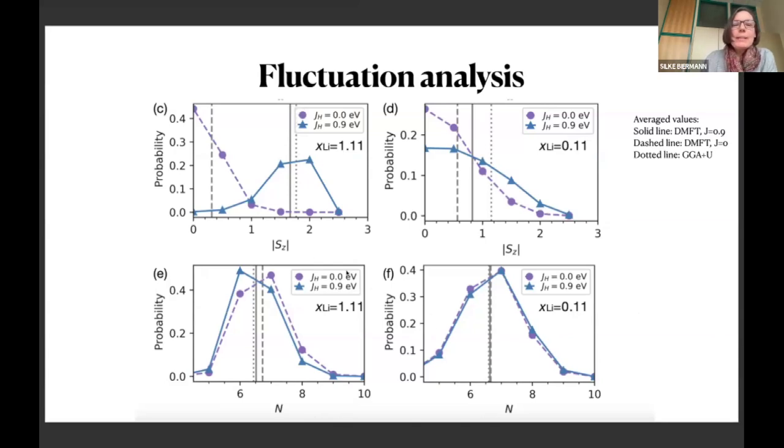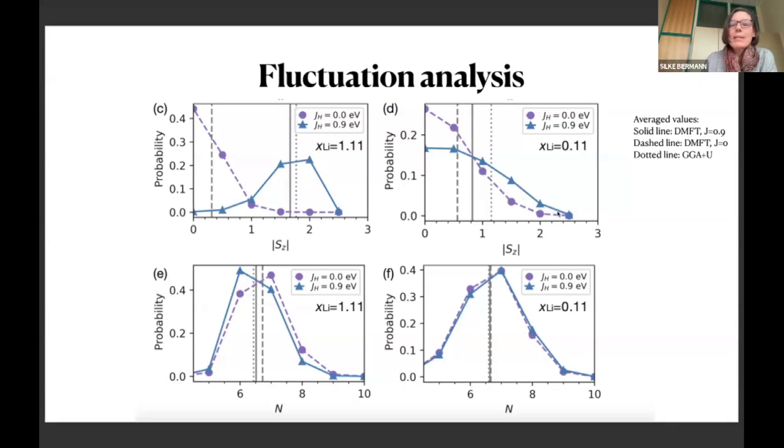And what you indeed see here is the peak. Just focus on the blue curves, which are for the, let's say, realistic Hund's coupling value. You have here a peak around a value which can correspond to the high spin configuration. Whereas in the dilithiated compound, the distribution is really broad.